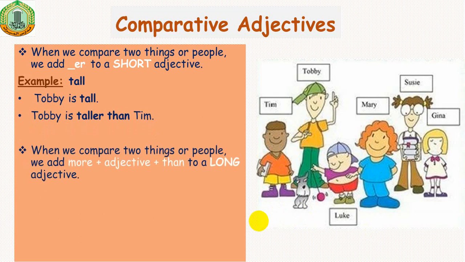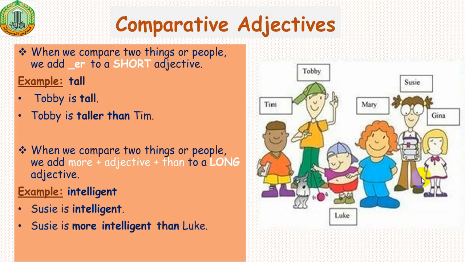When we compare two things or people, we add more plus adjective plus than to a long adjective. Example, intelligent. It's an adjective and it is a long adjective. Susie is intelligent. Susie is more intelligent than Luke.